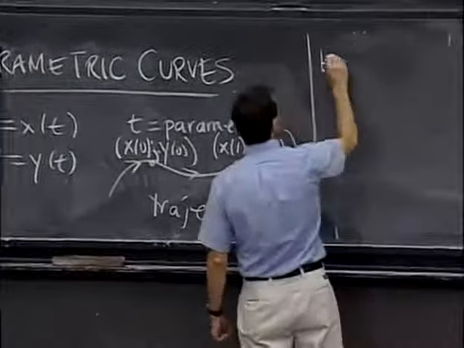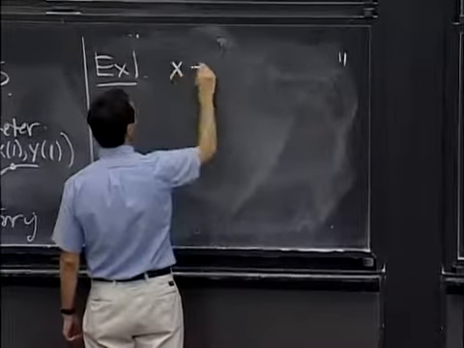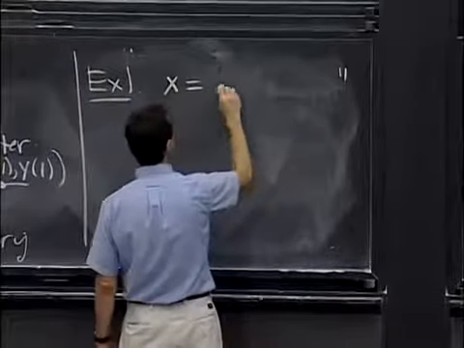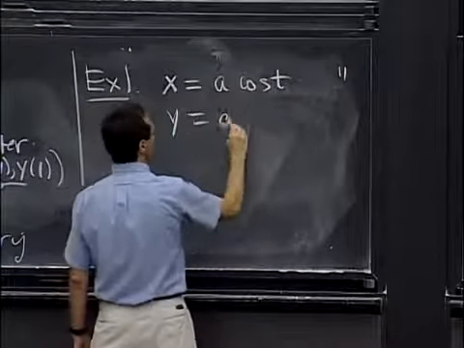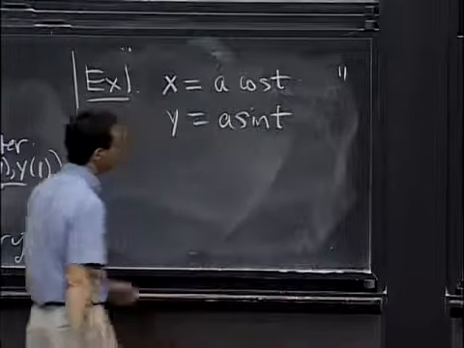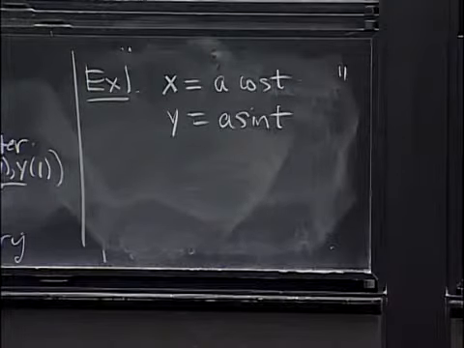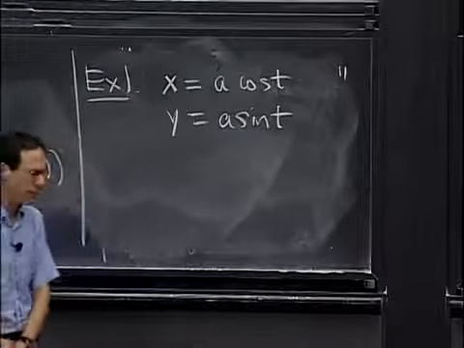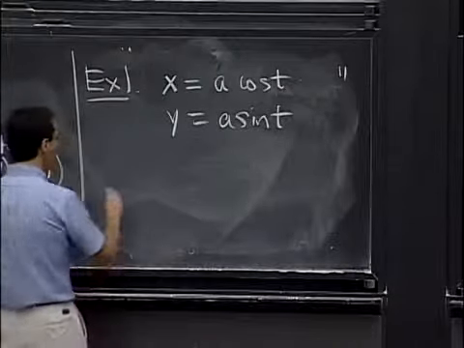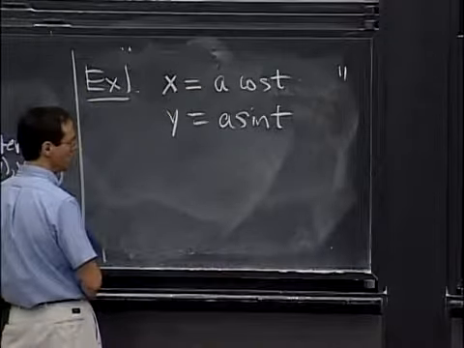Now, let me give you the first example, which is x equals a cosine t, y equals a sine t. And the first thing to figure out is what kind of curve this is. To do that, we want to figure out what equation it satisfies in rectangular coordinates.